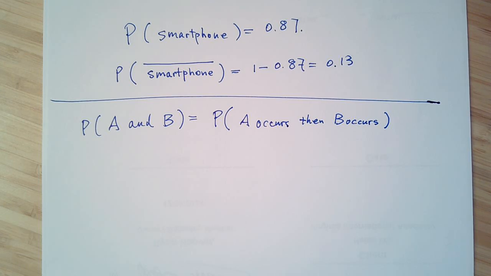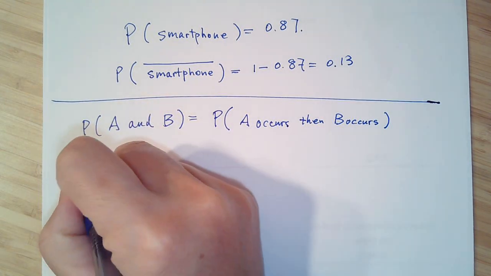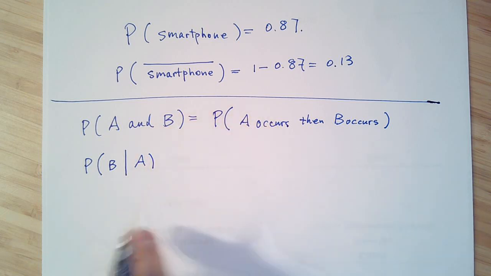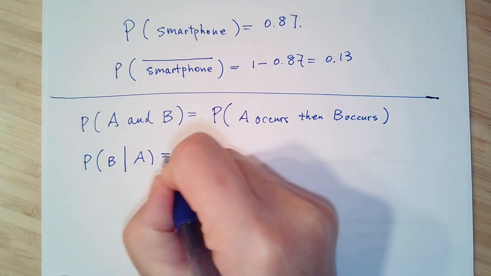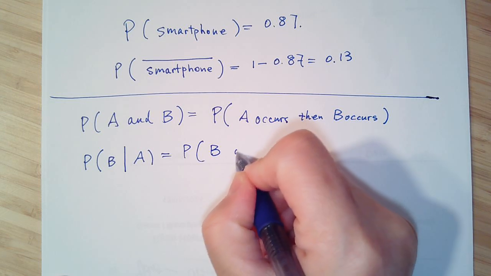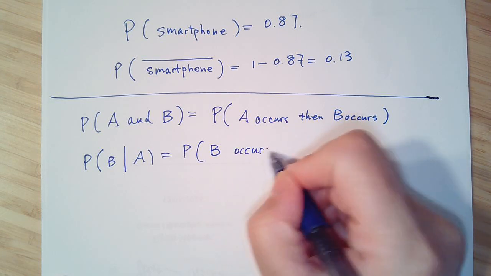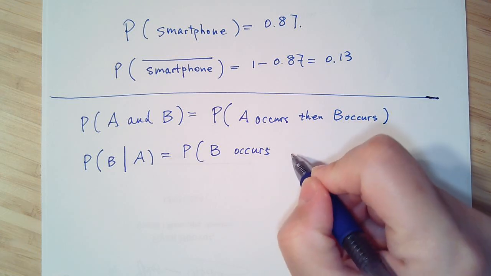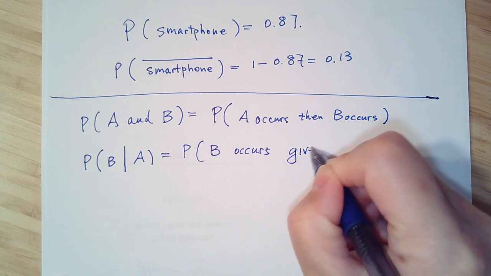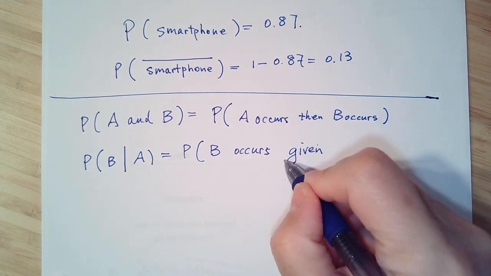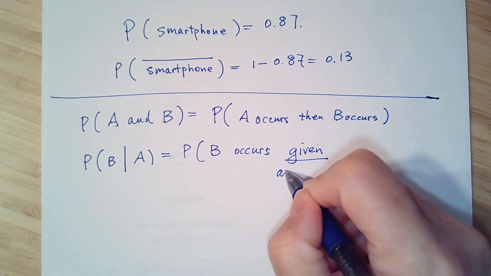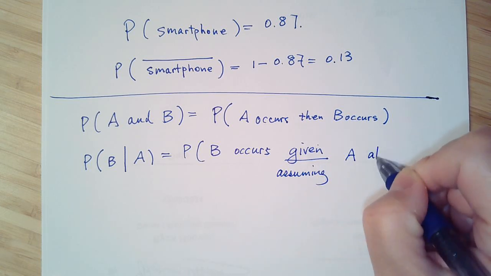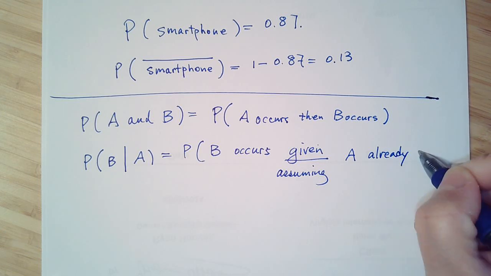One more thing we have to know is P(B | A), with a vertical bar. This is called a conditional probability. That is the probability that B occurs given A, or we can just say assuming A already occurred.